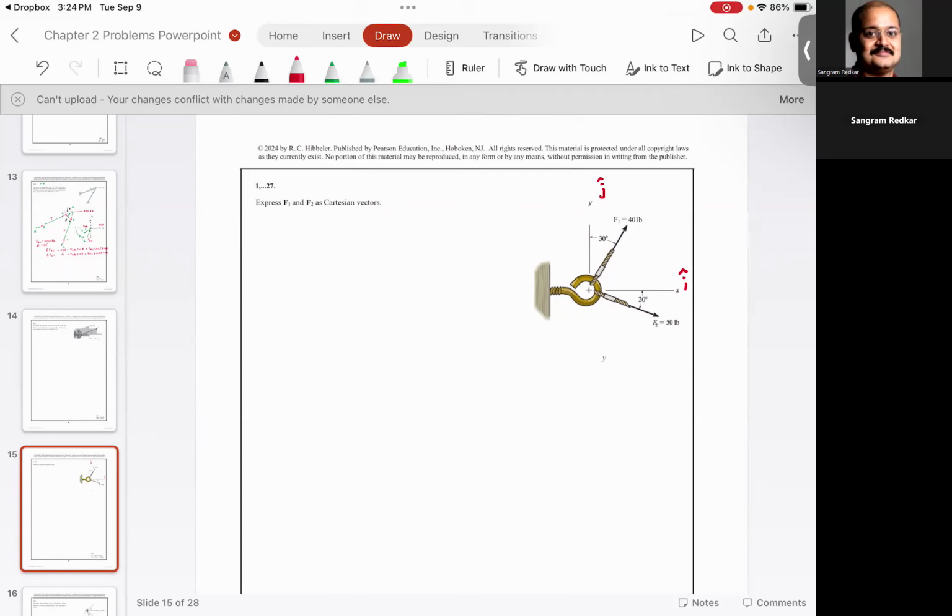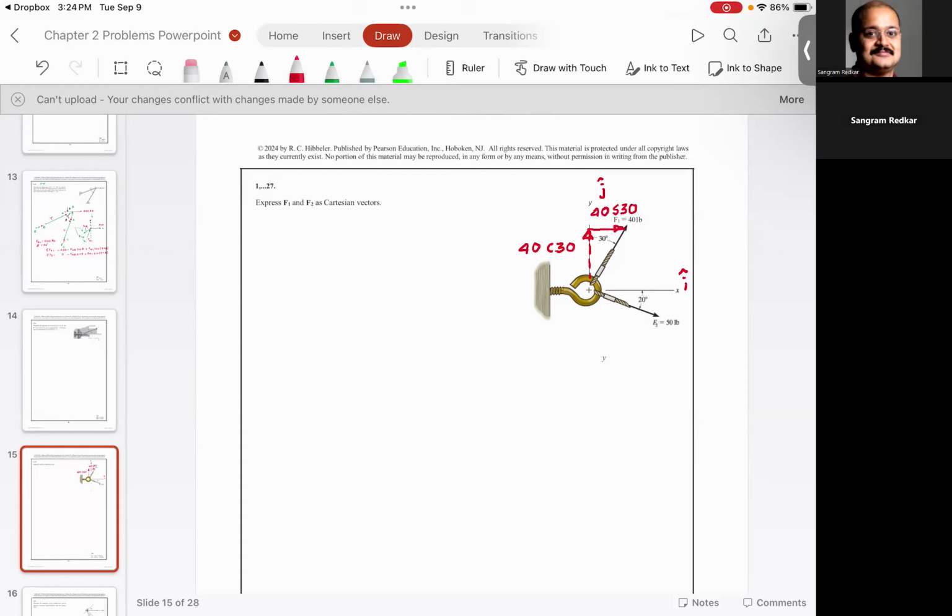Now what I need to do is use the same logic. So this is my y. I'm going to draw a vertical line and a horizontal line. This one is going to be 40 cosine 30, and this one is going to be 40 sine 30.